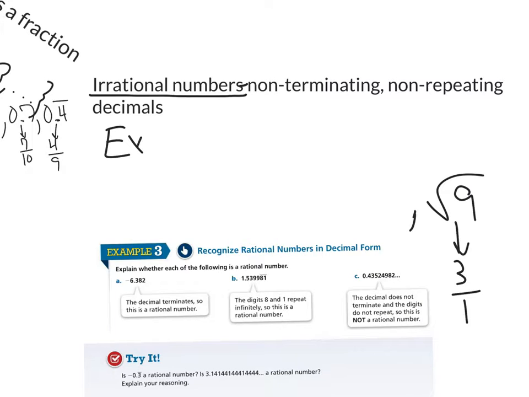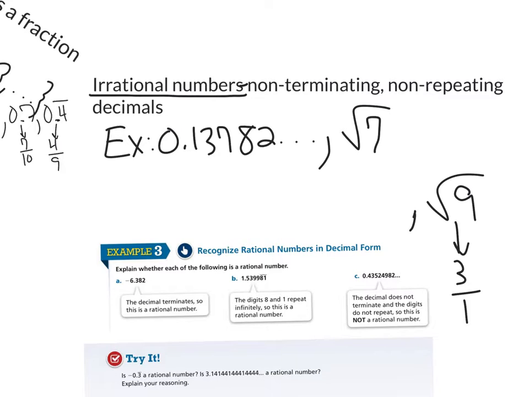So for example, if they told me we had 0.13782 and so on, if it's got dots and there's not a pattern, my only assumption is that it keeps going and doesn't repeat itself. Square root of 7: if we take a square root of something that's not a perfect square, that doesn't come out evenly, that is going to be irrational as well.